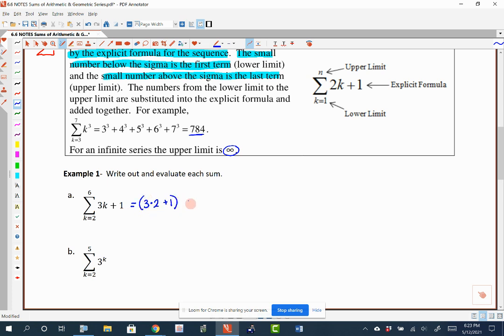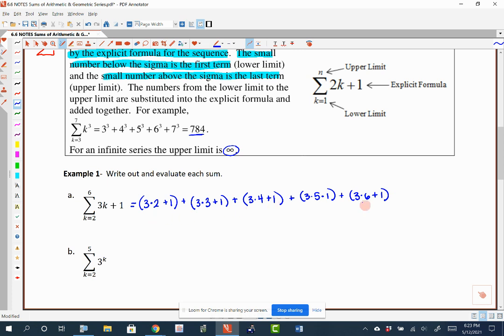So all of that needs to be added to my next term. My next term, I still have 3, but my next k value, I just used 2, so that would be 3 times 3 plus 1. Plus 3 times 4 plus 1. Plus 3 times 5 plus 1. Plus 3 times 6 plus 1. And 6 was our biggest k value we were plugging in.